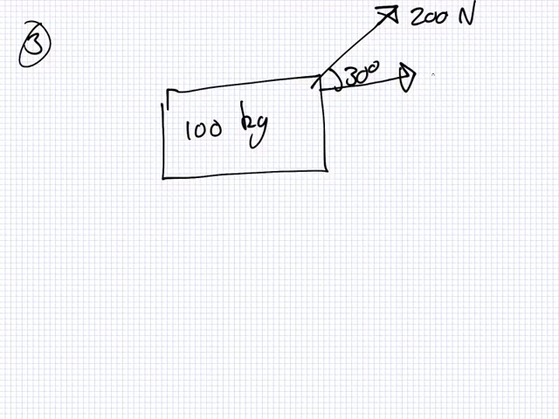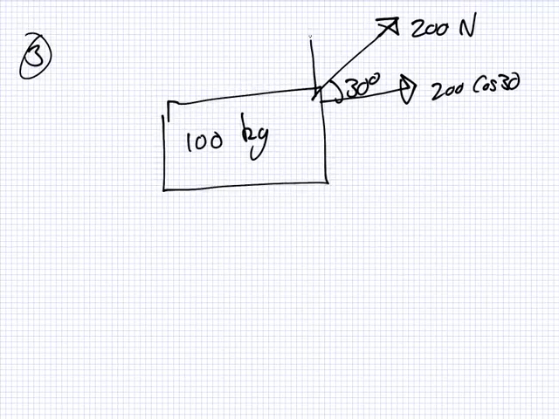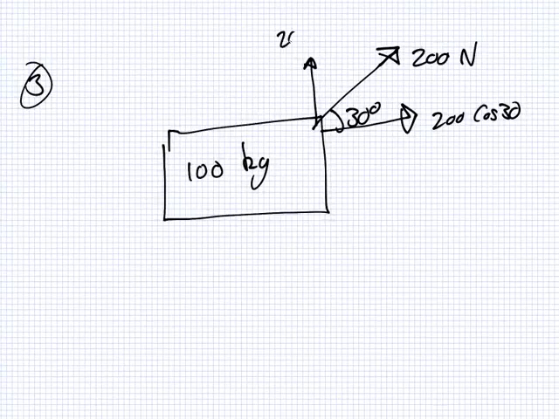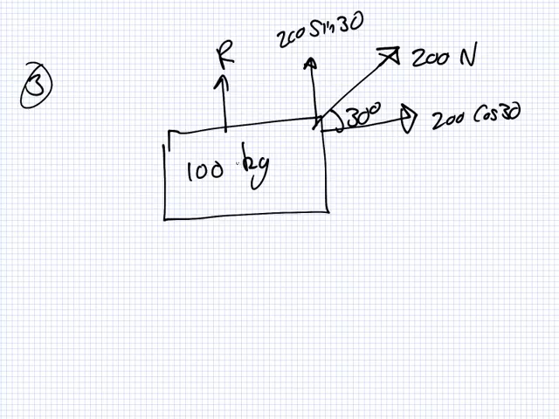This will be 200 cos 30. This one here is 200 sine 30. This here is the reaction. This here is 100g. And I tell you in the question that the friction is 1/10 of the reaction.